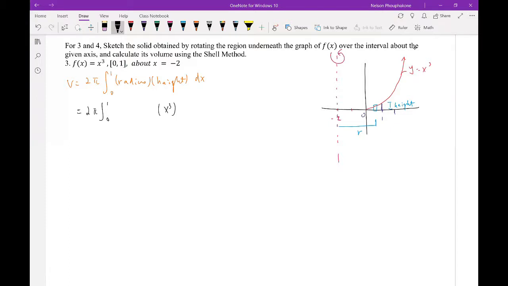This is what we know. But how about the radius? You will see that the radius here, from here to here, is just the x value, right? And from here to here is 2 units. So in this case it must be x plus 2. Then we'll have x to the power 4 plus 2x to the power 3.